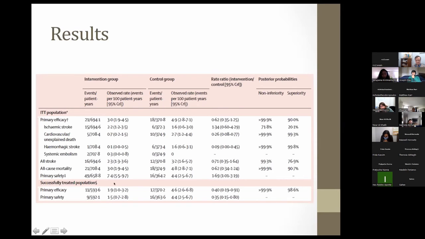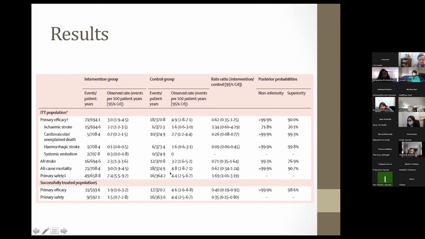So the primary efficacy endpoint is actually much better than it was for the intent to treat analysis. And similarly, when you look at the primary safety endpoint, there's a huge drop here from 7.4 to 1.5, right?